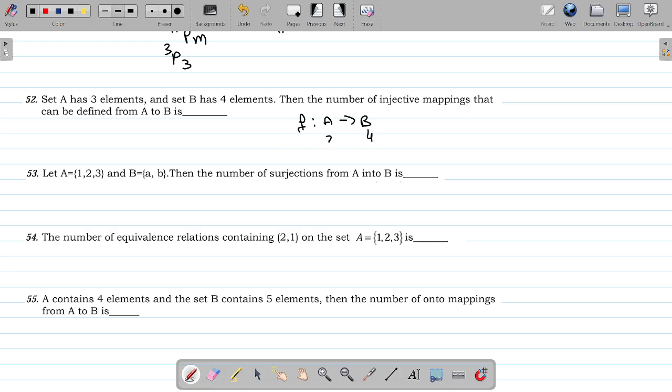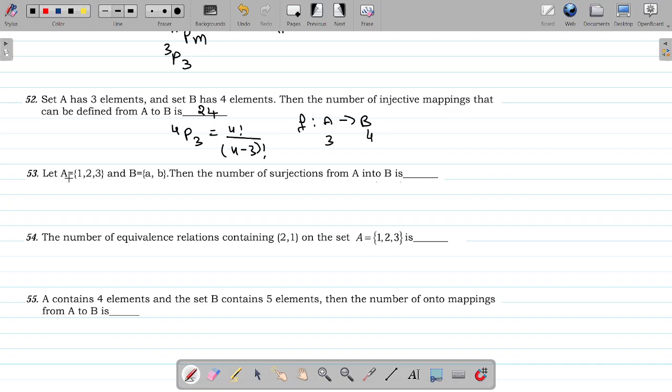Cardinality of the domain is 3. Again, an injective function is nothing but a 1-1 function. It is given by nPm, 4P3. If you calculate this, you will get 24. That is 4 factorial divided by 4 minus 3 factorial, so you will get 4 factorial only. It is nothing but 24.